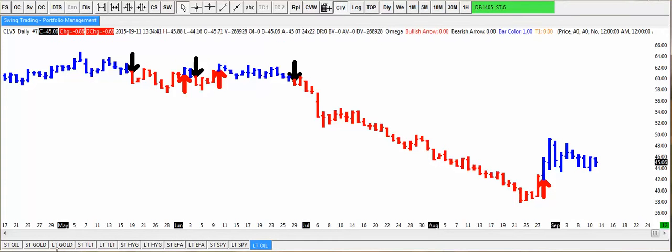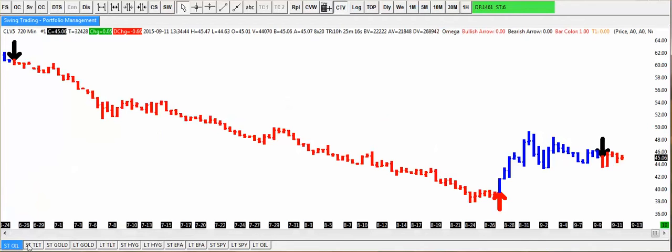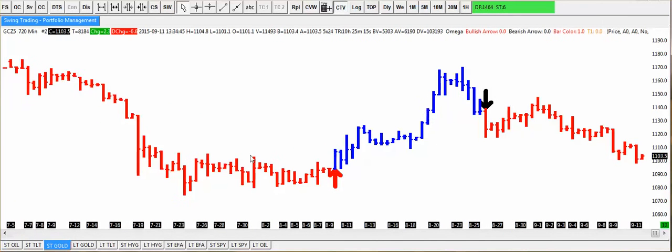Now, to give you examples of other markets, so I showed you oil. Let's have a look at gold. So gold, we were in a bearish trend, and then everyone's thinking, is gold going to go up or is it going to go down? This is July this year, and we're thinking, okay, we don't know. We think it's going to go up, then thinking, no, it might carry on going down. It's consolidating.